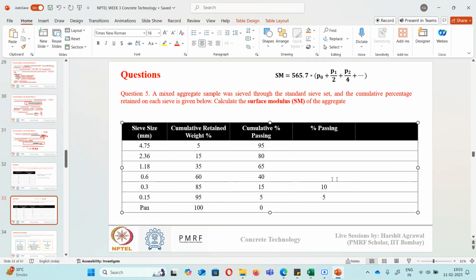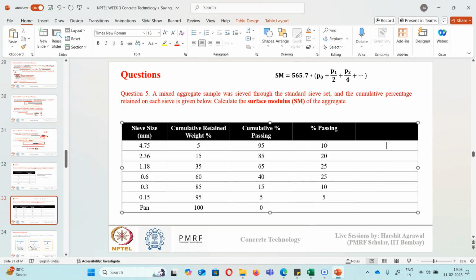Then here it will be 40 minus 15, that will be 25. Again 65 minus 40, it will be 25. 85 minus 65, that will be 20, and 95 minus 85, that will be 10.